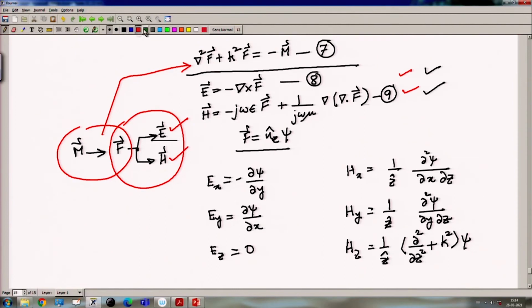Now, you see that the z component of the electric field is 0, and thus this will constitute a transverse electric to z mode.